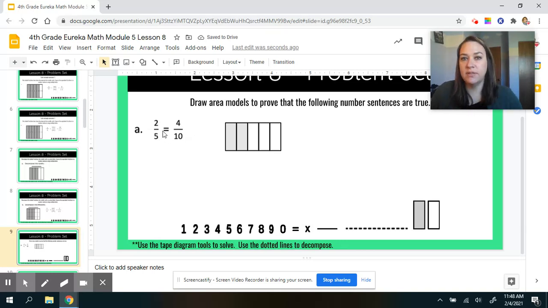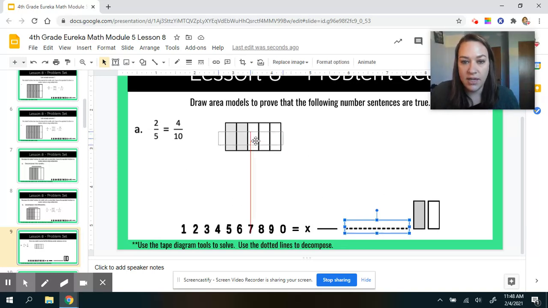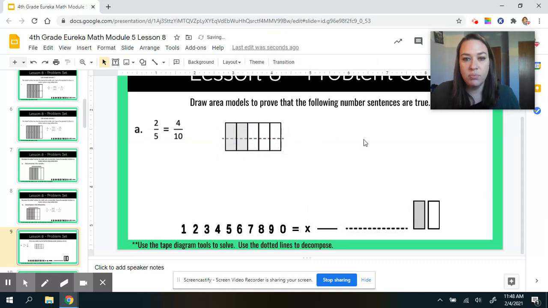So if I have 2/5, 5 times what makes a 10? 5 times 2, so 5, 10. So 5 times 2 gives me 10. So I need to make 2 rows, which would just be 1 line across. So if we take our line, decompose that, do I now have 4/10? Let's check. 2, 4, yep. 2, 4, 6, 8, 10.